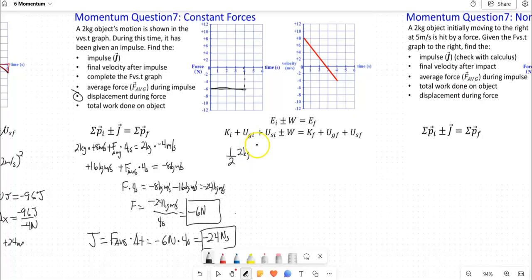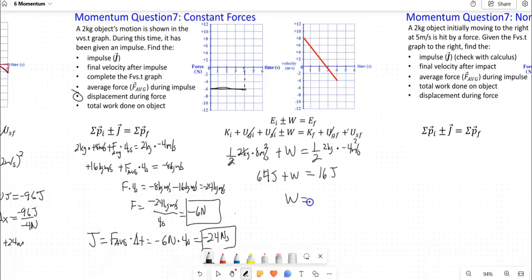We're going to solve for the work done first: 1/2 times 2 kilograms times 8 meters per second squared, with no change in potential energies, plus work, is equal to 1/2 times 2 kilograms times negative 4 meters per second squared. So this works out to be 64 joules plus work, equal to 16 joules.